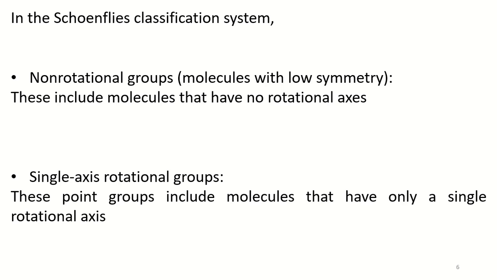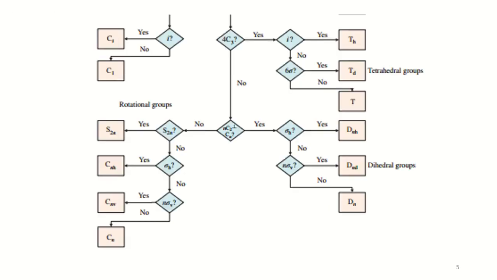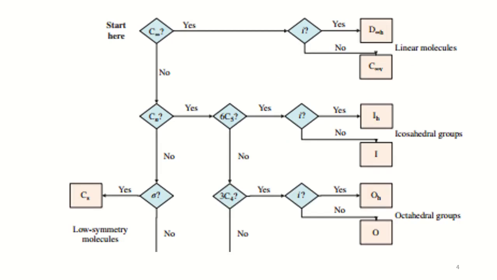So molecules that have only proper rotations in addition to the identity belong to the Cn group, which are cyclic point groups, where n may be 1, 2, 3, or infinity. For example, C3.